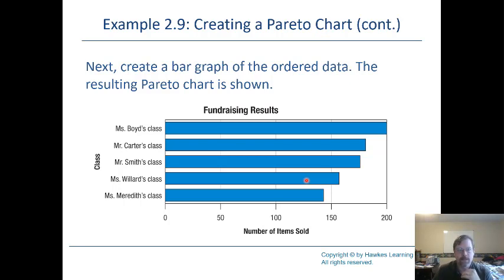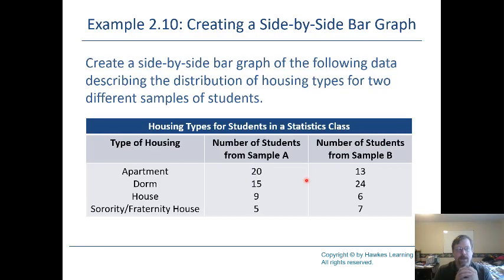Okay, so let's look at a side-by-side bar graph now. So we've got our housing types group, and we've added a second data set to that. So there's our first data set that we've been using up till now, and here's a second data set.